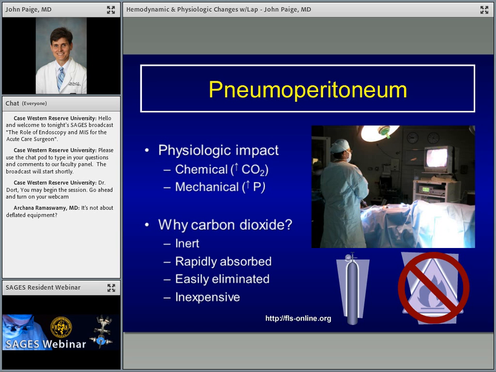Now I want to talk a little bit about some differences that you might see in certain populations. So in the morbidly obese, it's very important to keep in mind that they have an increased intra-abdominal pressure to begin with. And so insufflating is going to exacerbate the effects that we see from an increased intra-abdominal pressure, because by being obese, with that central adiposity and the adiposity in the abdomen, they have increased pressure.